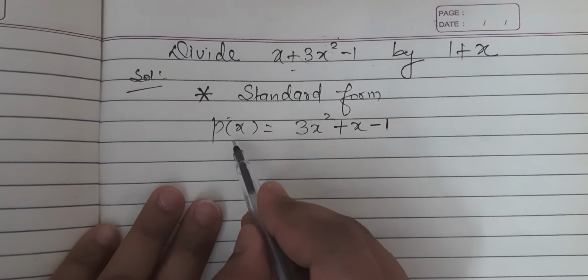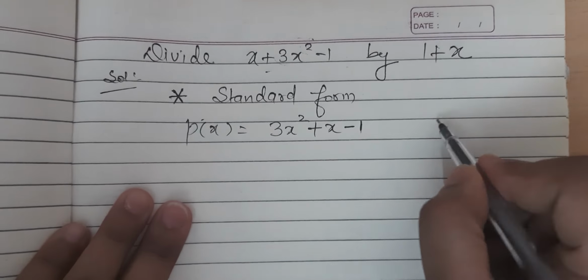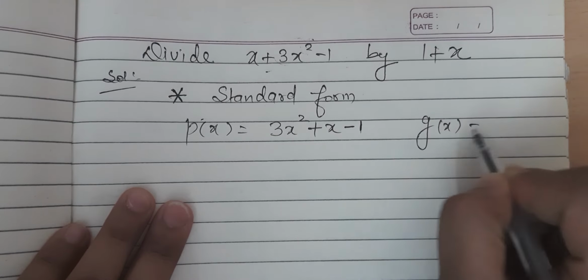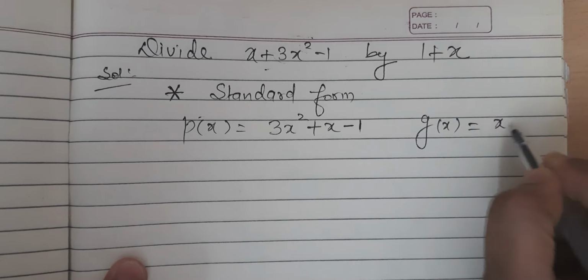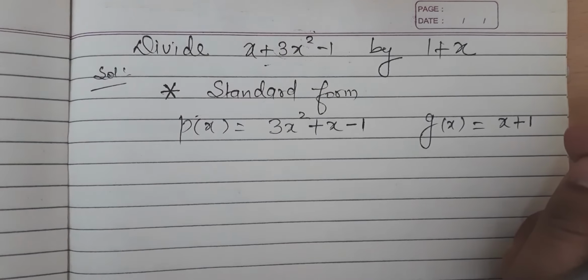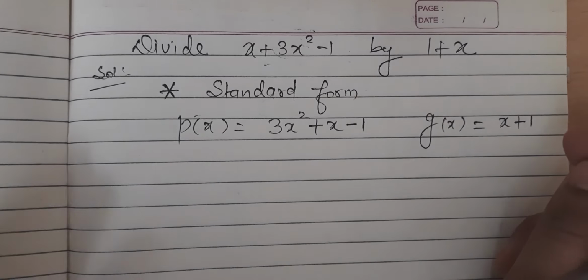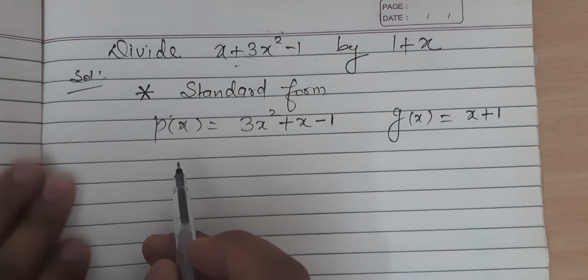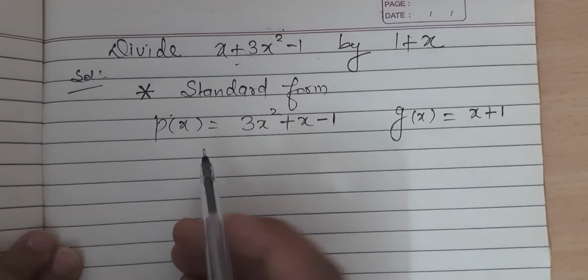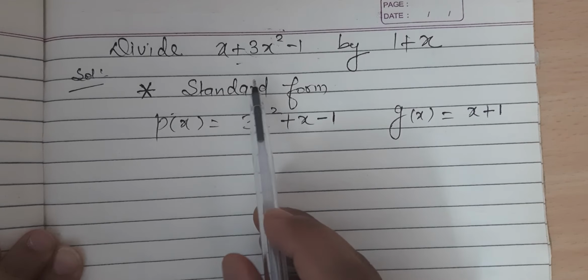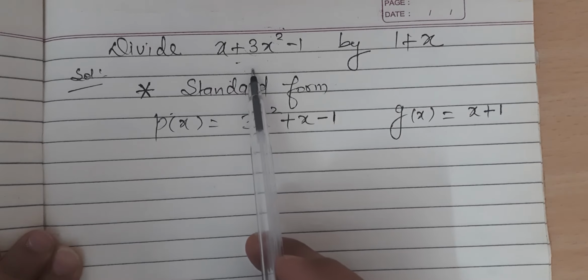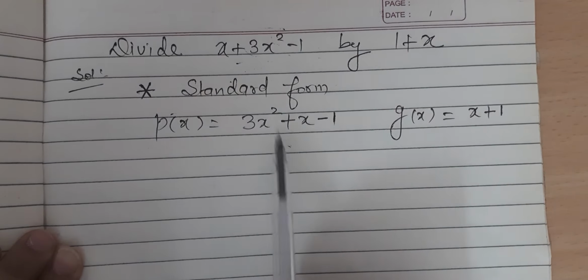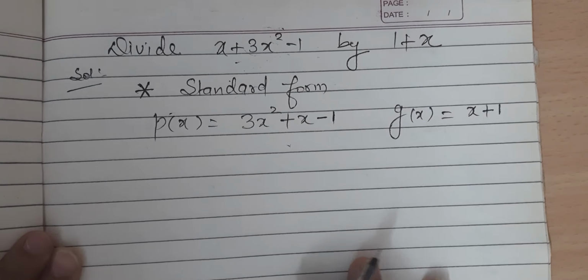So this is our dividend. Now we have to divide this by this polynomial, so here also we write in the standard form: first the variable and then the constant last. If sometimes you find that the question is already in the standard form, then there is no need to convert. If the polynomial is not written in the standard form, first write it in the standard form and then divide.